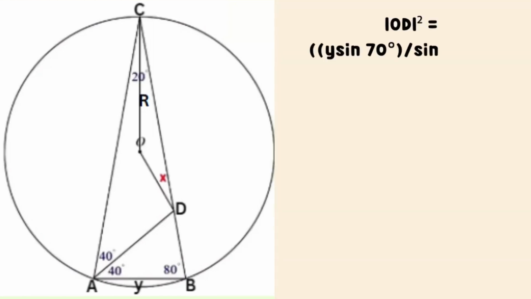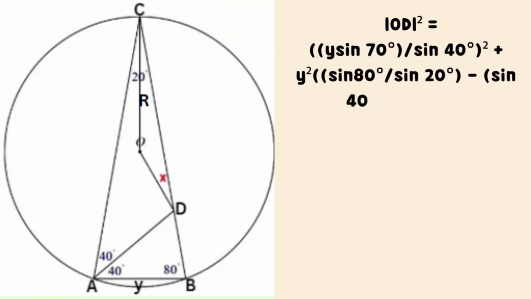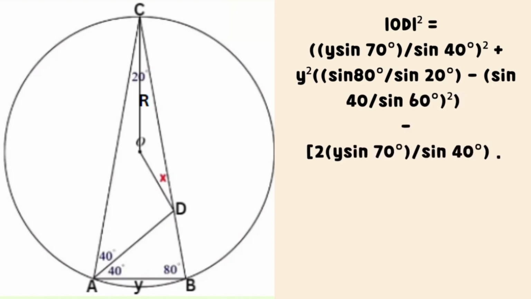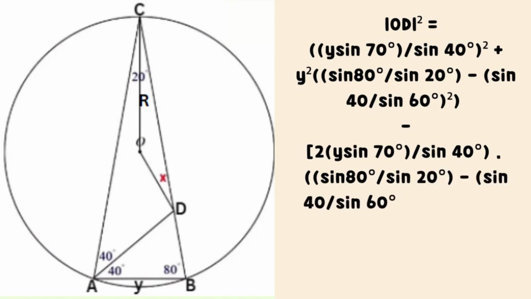Substitute the values we obtained for length OC and CD in the cosine rule formula for the square of line OD and simplify. We have that the square of line OD equals the product of 0.55090122149 and the square of y.